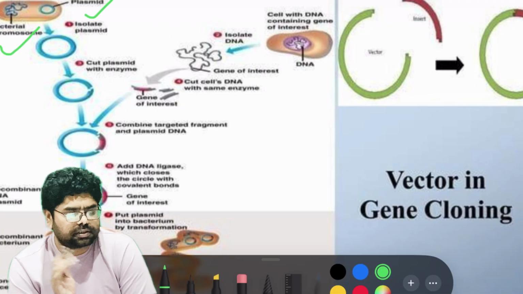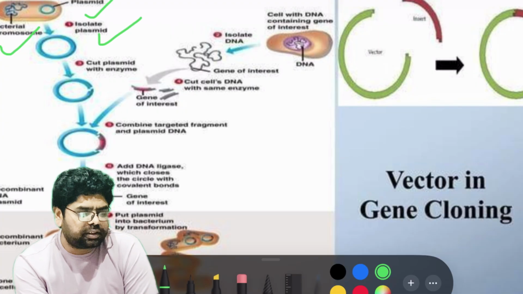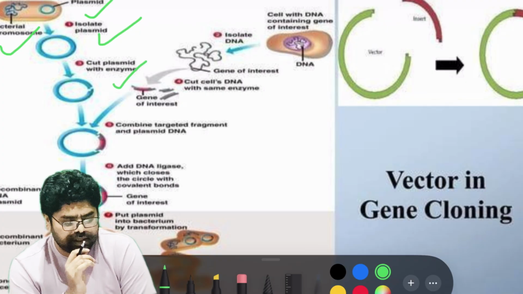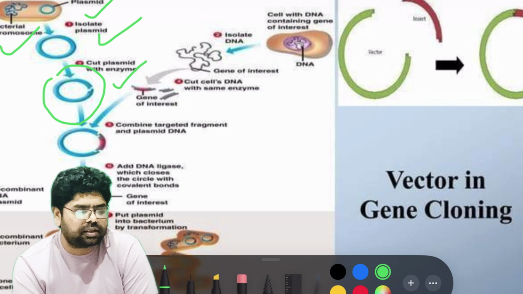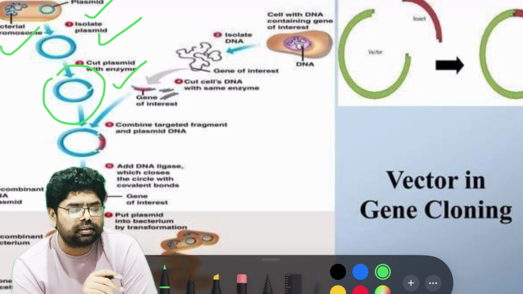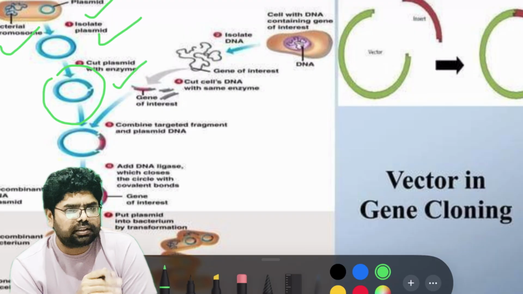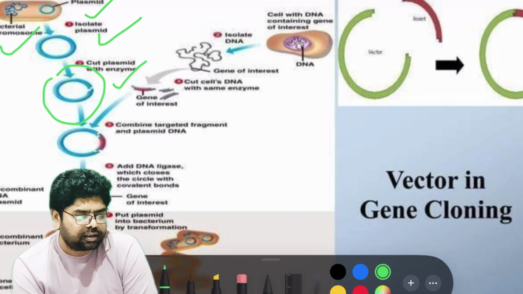First the plasmid is isolated, then cut with an enzyme. Although these plasmids are commercially available in the market, so you don't have to worry about isolating them from the bacteria.